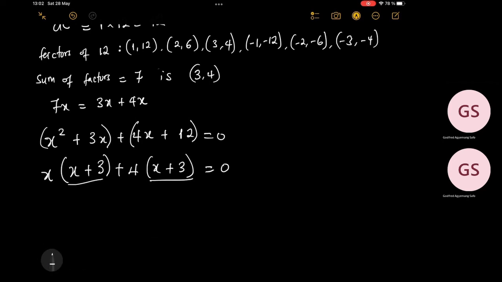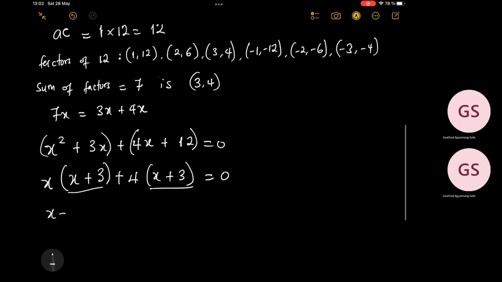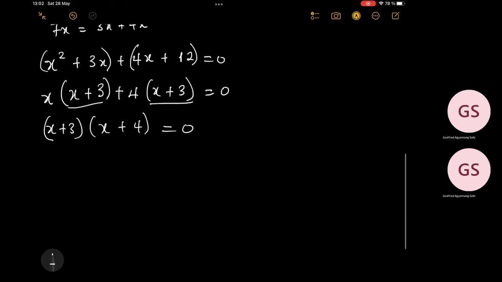We have x plus 3 out, and here we have only x plus 4, is equal to 0.